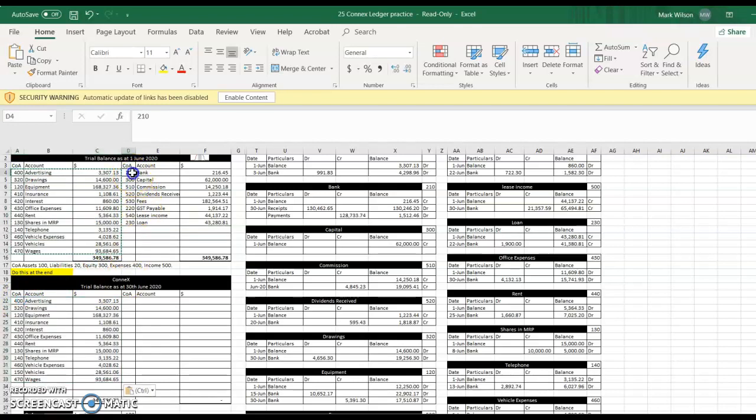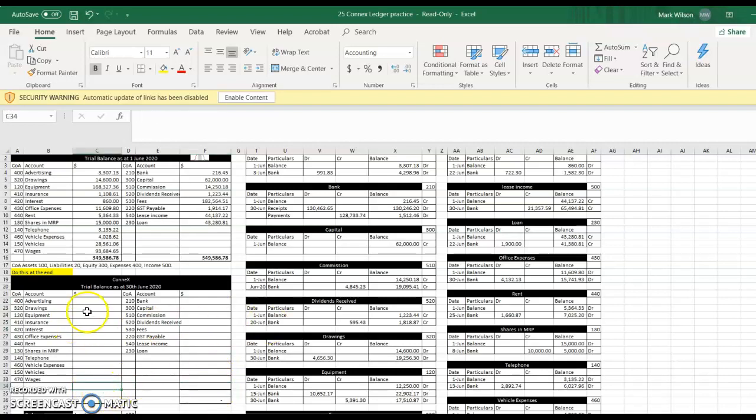I probably should have done all of these. Actually, I might do that. If you copy all of those and paste it in, and we'll just delete the figures because we need new figures. And totals don't need. Okay.